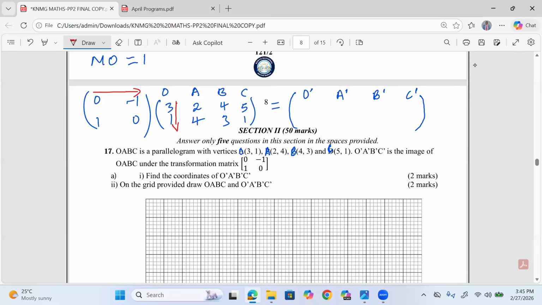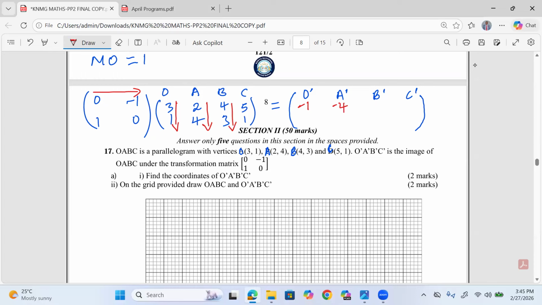So 0 by 3 and -1 by 1. That gives us -1. We go to the next. For A, we use the first row and the second column. So 0 by 2 and -1 by 4. We get -4.